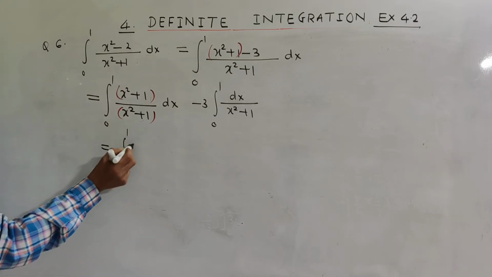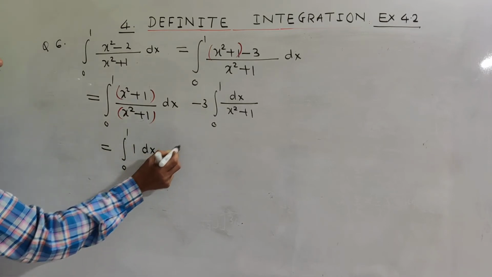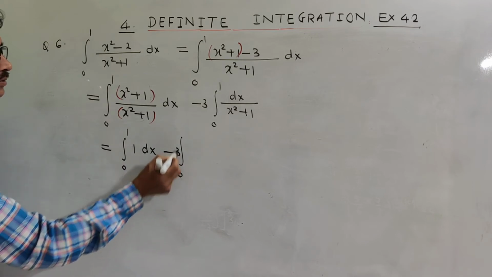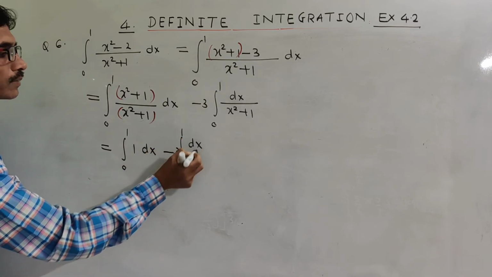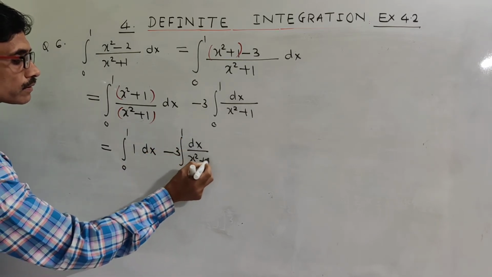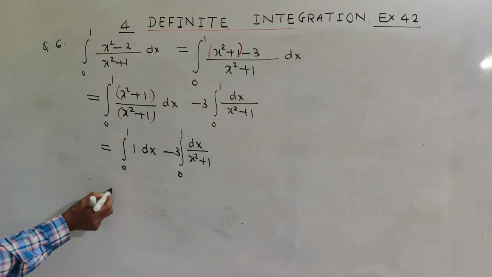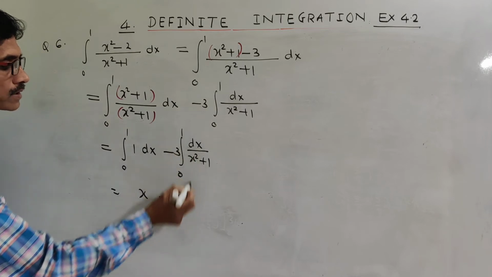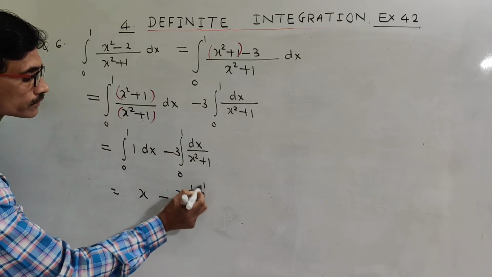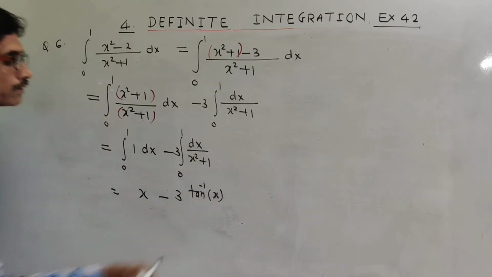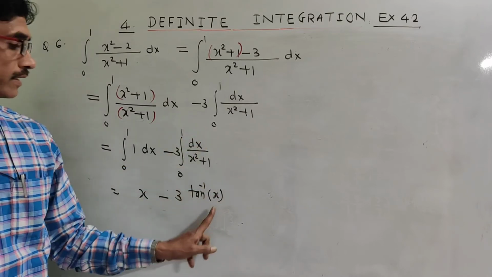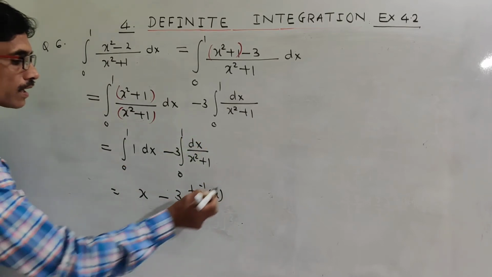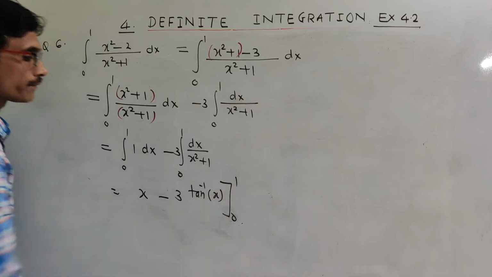Integral 0 to 1 of 1 dx minus 3 times integral 0 to 1 dx upon x square plus 1, which is tan inverse of x. Here it is x, and minus 3 tan inverse of x. Limits are 0 to 1.